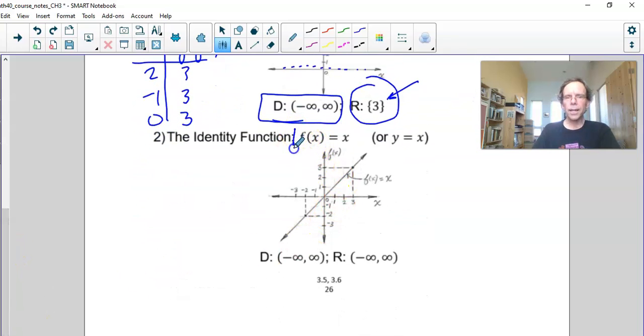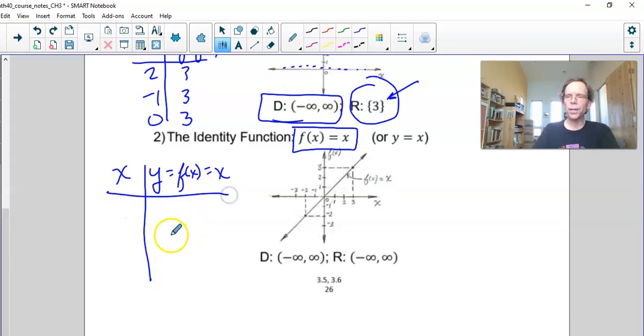Here's another one they call the identity function. They call it the identity function because the y value you get matches the x value that you put in. So if you put in 2, y is 2.